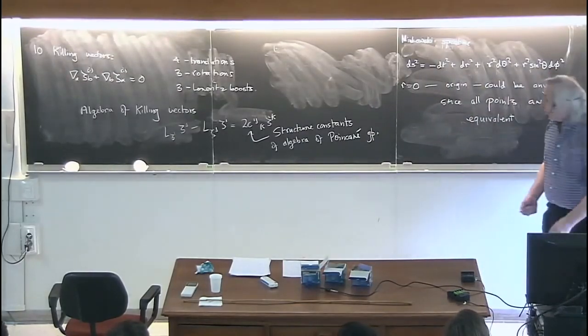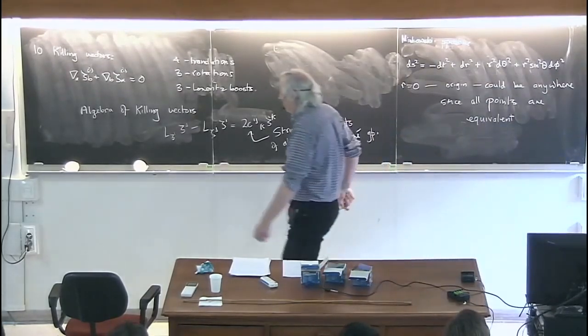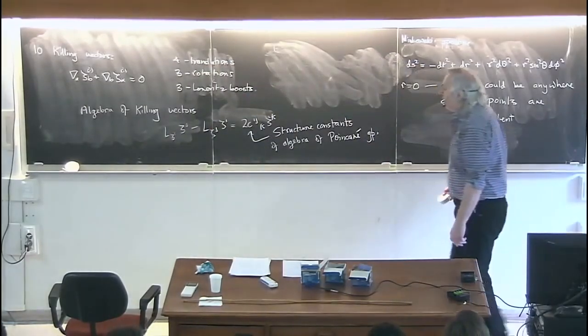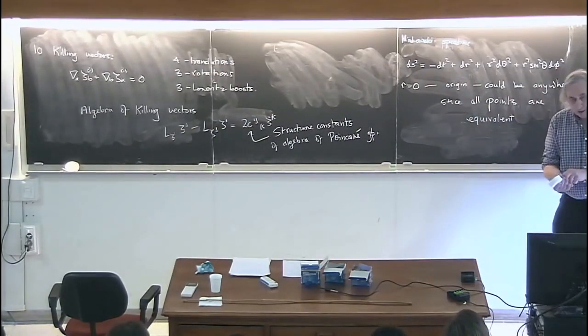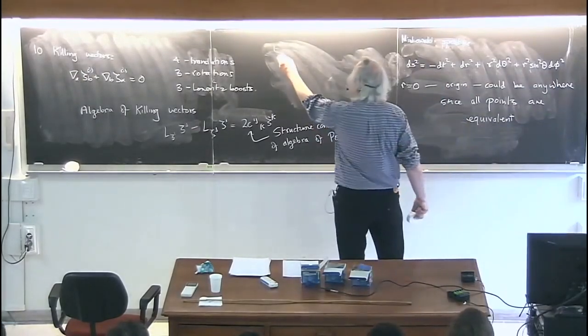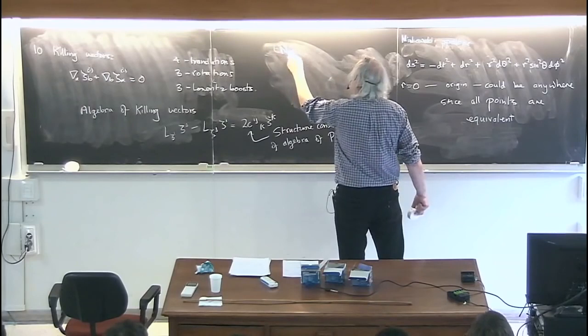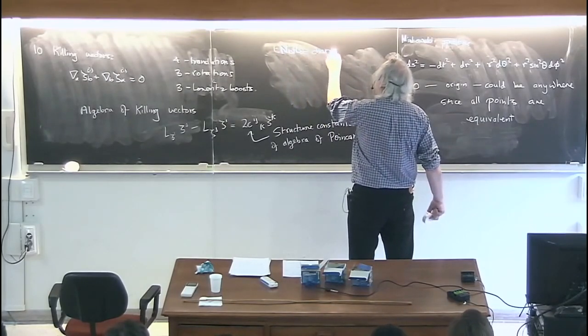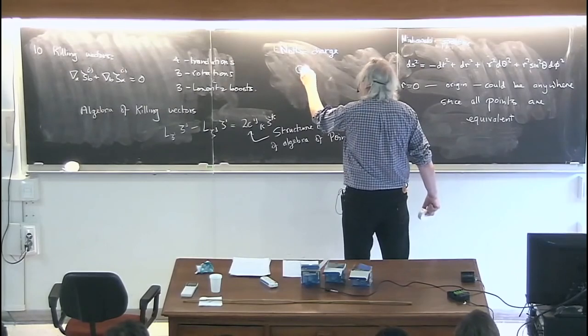So those are the 10 Killing vectors in Minkowski space. Associated with each Killing vector, there is in principle a Noether charge which we could call Qi.